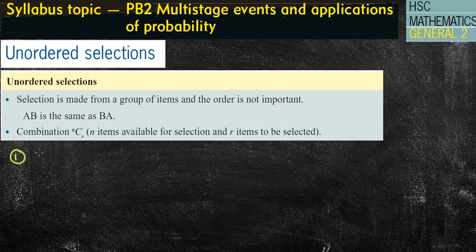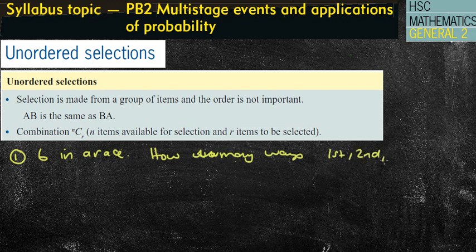We looked at where we had 6 people in a race and we wanted to see how many combinations, so how many ways we could get first, second, and third. Now, we spoke about this question being an ordered selection because it mattered who came first, second, and third.